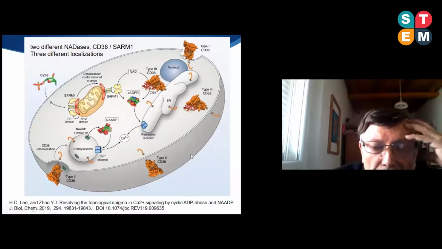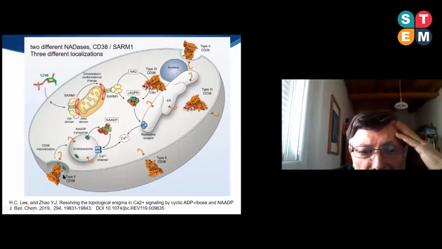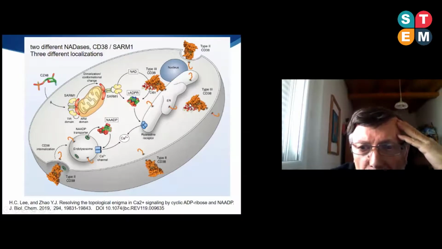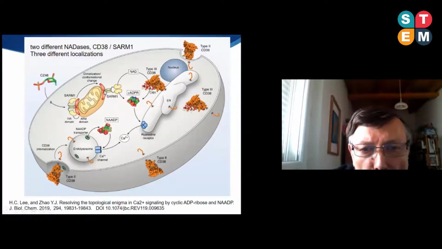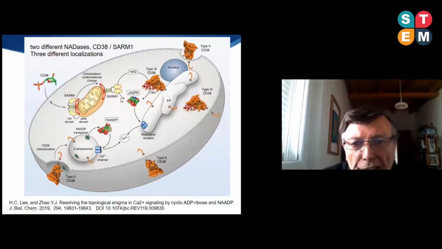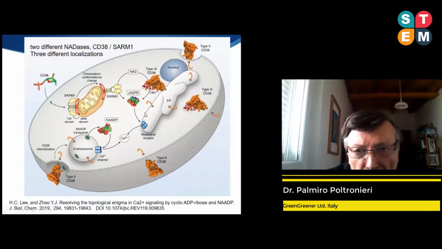And this is the localization of the NADases in humans. CD38 is a non-TIR domain NADase that faces the extracellular space and also the intracellular space, while SARM1 is localized to the mitochondrial membrane and faces the cytosol. And this is where the cyclic ADP ribose production occurs.